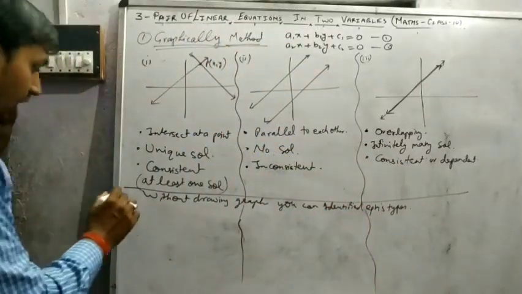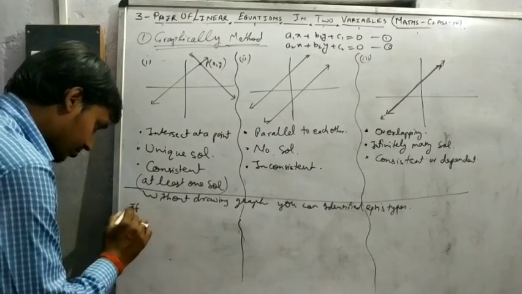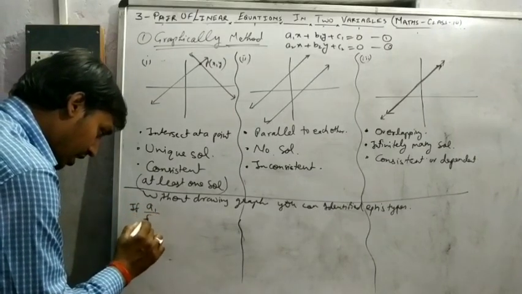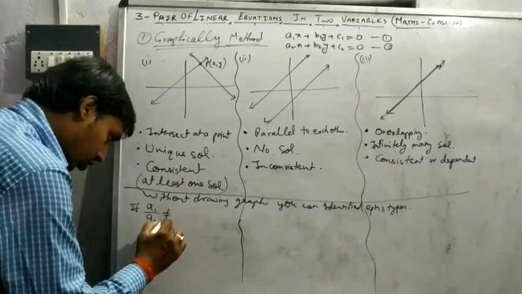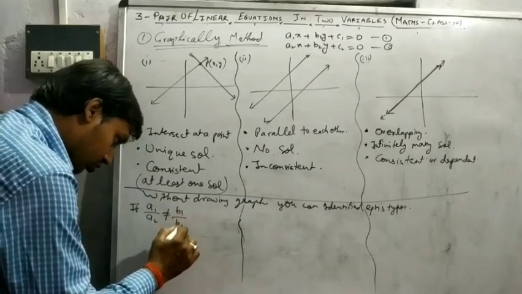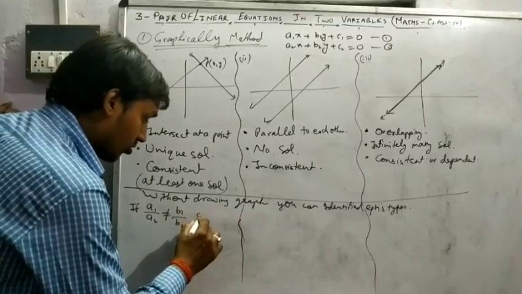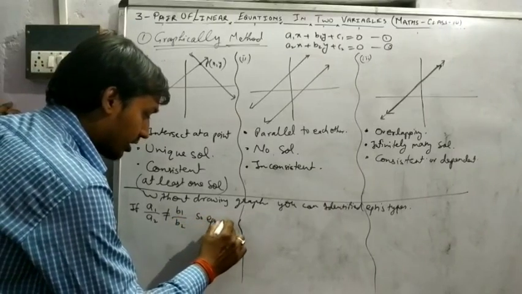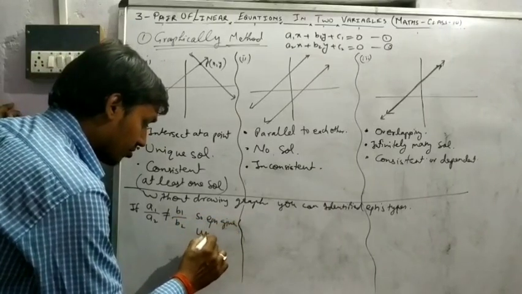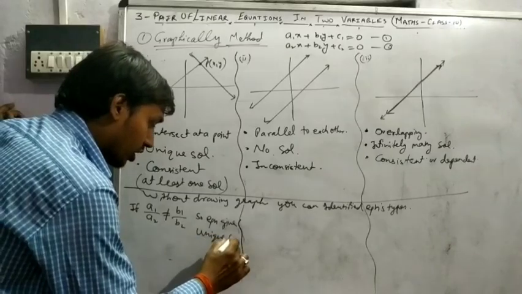How? If A1 upon A2 is not equal to B1 upon B2, then the equation gives a unique solution.